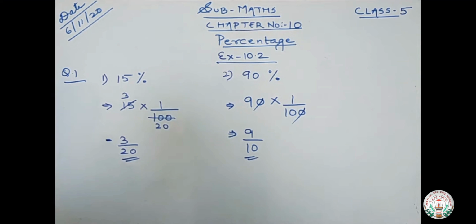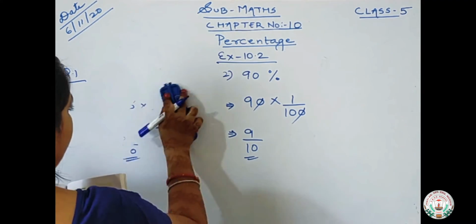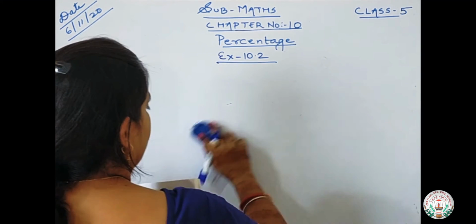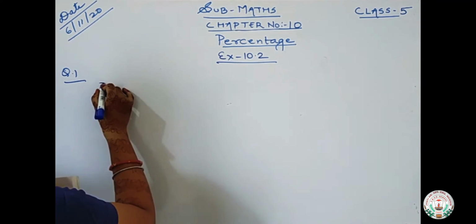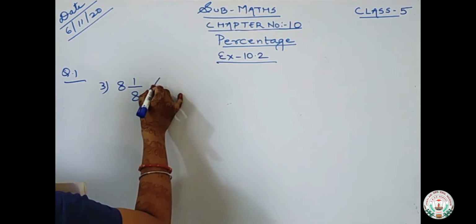Number 3 is a mixed fraction percentage, 8 1 upon 8 percent.